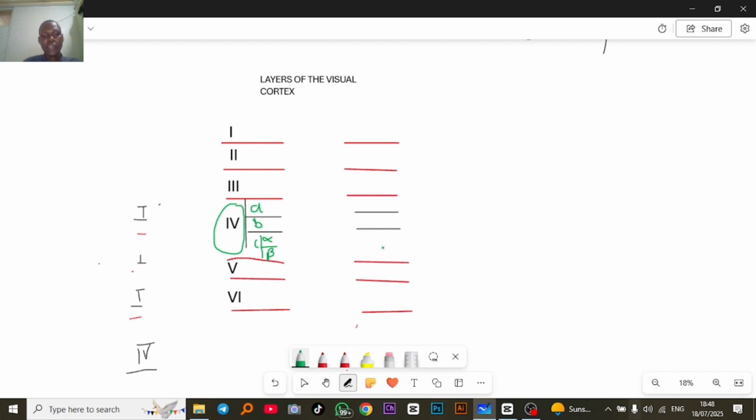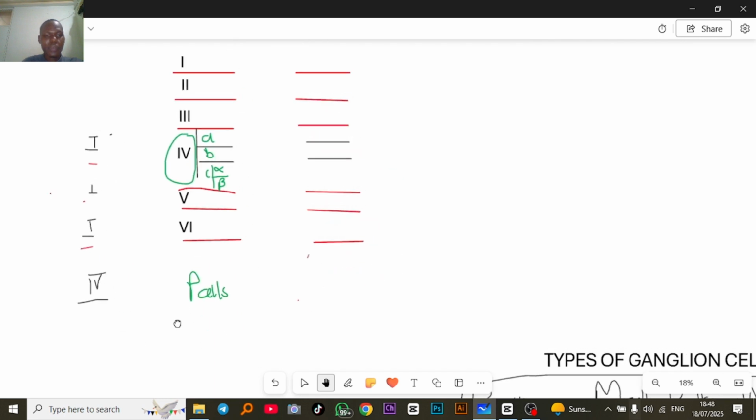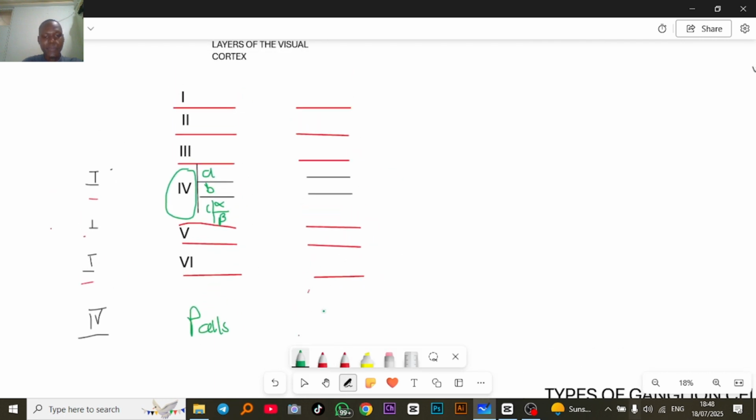It will be the same thing on this side. So what you need is to follow. We remember that we had P cells, M cells, and K cells. Mainly we shall have these two. I'll organize this clearly: on this side I'll put the M cells, then the other side the P cells.